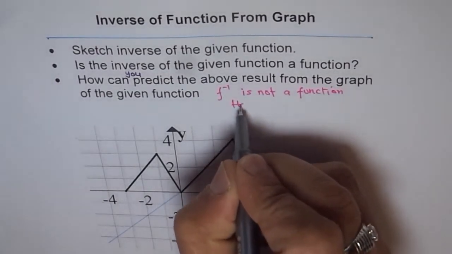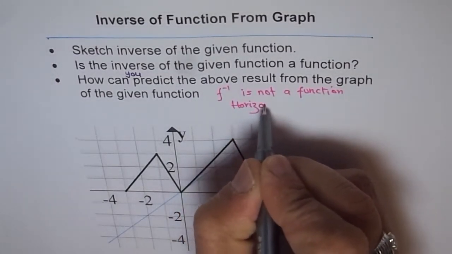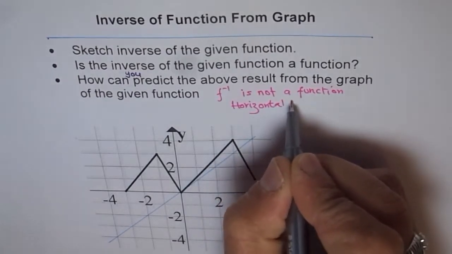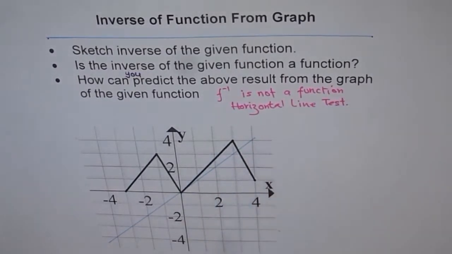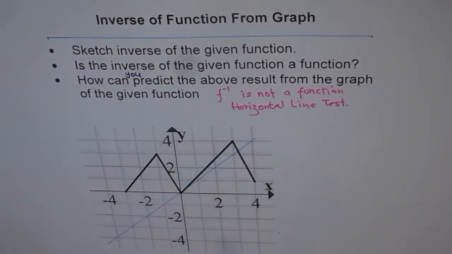It is from the horizontal line test. So always when you are given a function or a relation, just draw a horizontal line and then you can test that if you find the inverse of this, then it won't be a function since it fails the horizontal line test.